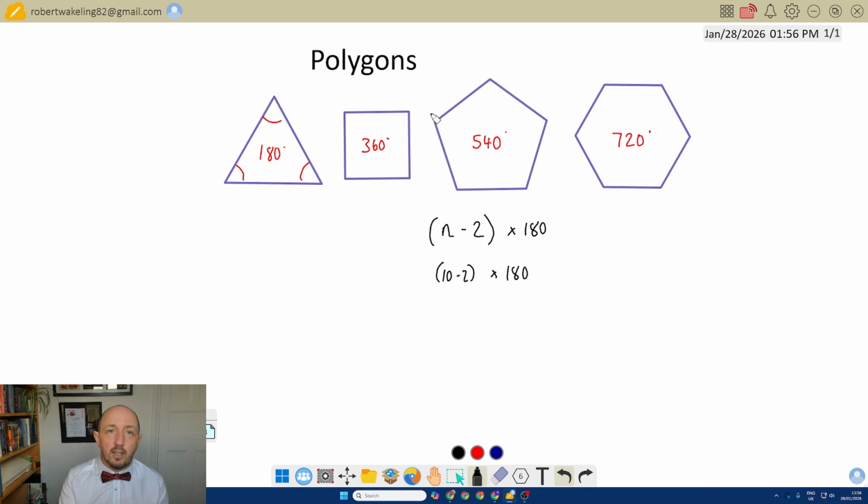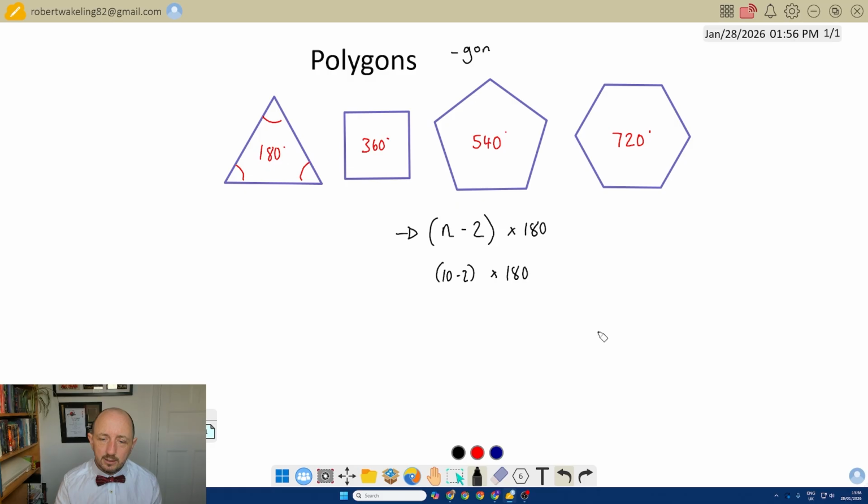As soon as you see the word polygon, as in hexagon, pentagon, octagon, like the G-O-N at the end, then you will almost certainly be using this formula. So hexagon goes straight to this and you'll almost certainly need it.